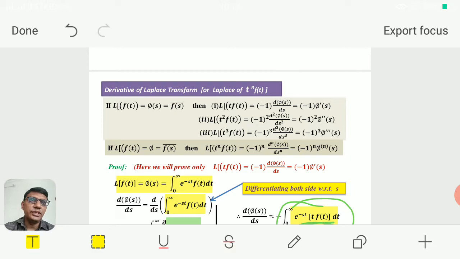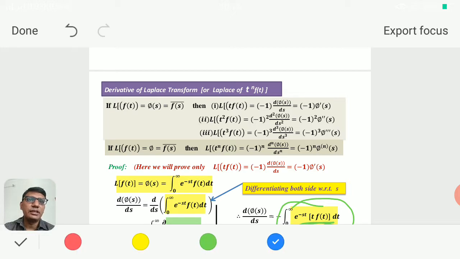So here we get minus 1 cube times the 3rd derivative of phi of s. Similarly, in the case of Laplace of f(t) multiplied with t raised to n, we differentiate n times Laplace of f(t) with sign minus 1 raised to n. So that is the theorem of derivative of Laplace transformation, or Laplace of t raised to n f(t).